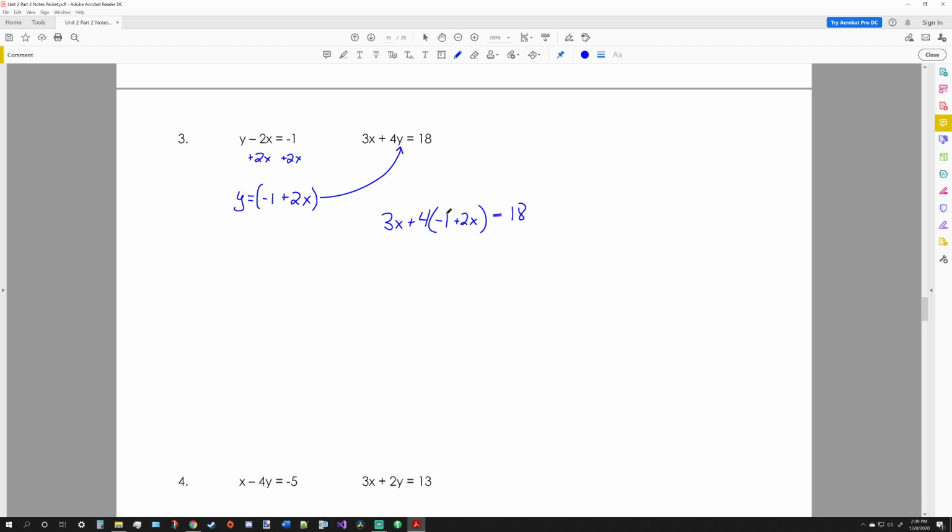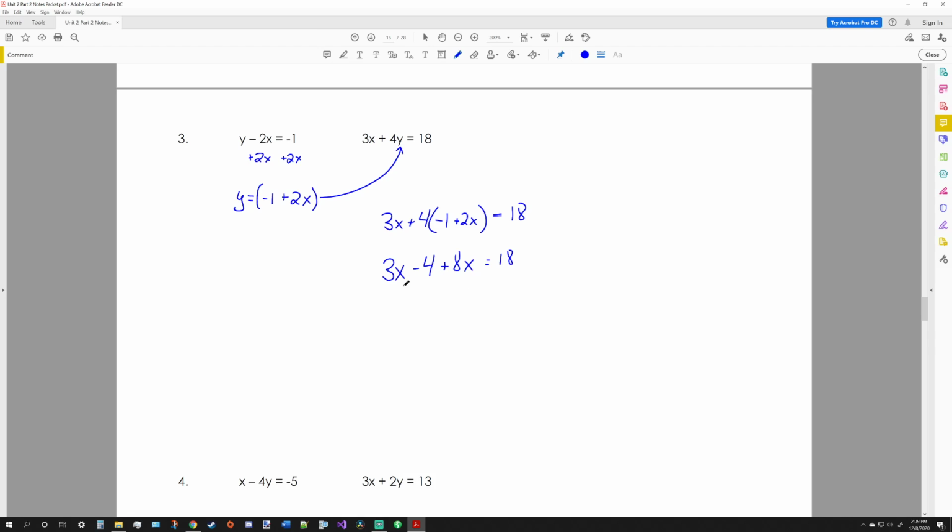Now we distribute. So 3x, and then 4 times negative 1, we get a minus 4. And 4 times 2x, we end up with a positive 8x equals 18.